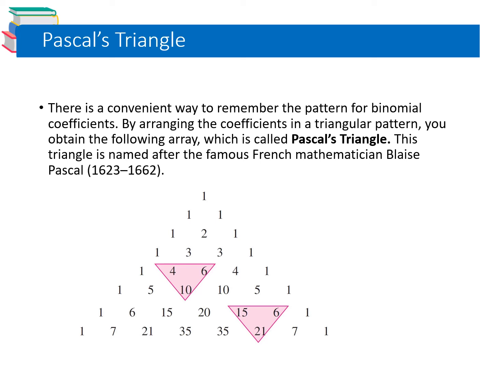So, notice here, we'll just add. 1, then put another 1. So, 1, 1. It is always 1 at both ends. Then 1, then 1 plus 1 is 2, and then 1. Bring down 1. 1 plus 2 is 3. 2 plus 1 is 3. Bring down 1. Then 1 plus 3 is 4. 3 plus 3 is 6. 3 plus 1 is 4.